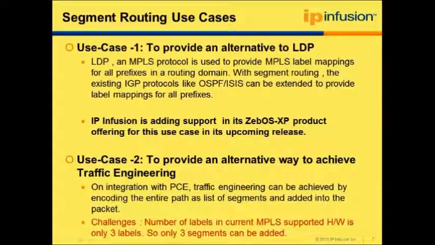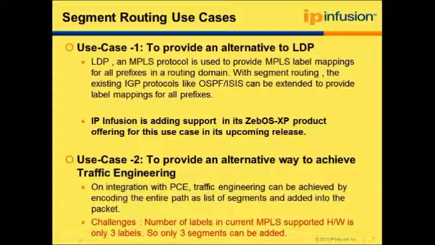So what are the segment routing use cases? The two major use cases which segment routing is serving. One of them is that it provides an alternative to LDP. LDP, as we know, is an MPLS protocol, and it provides label mappings for all the prefixes present in the routing domain. With segment routing, we don't need to run an extra protocol for these label mappings.